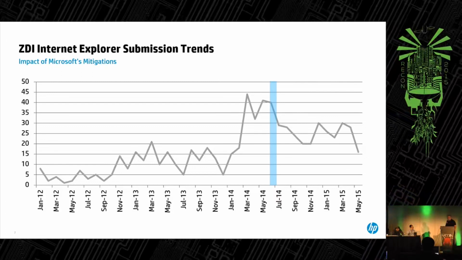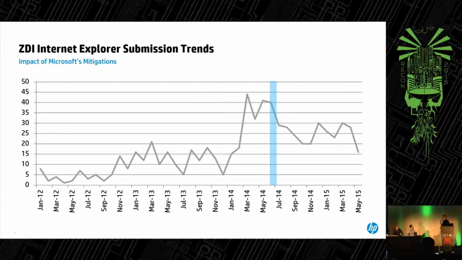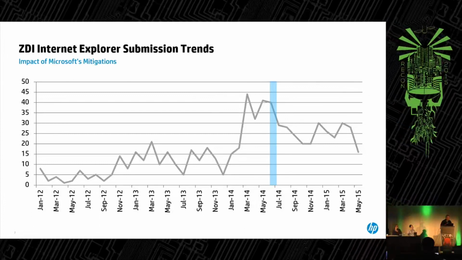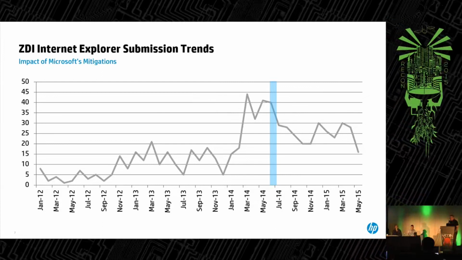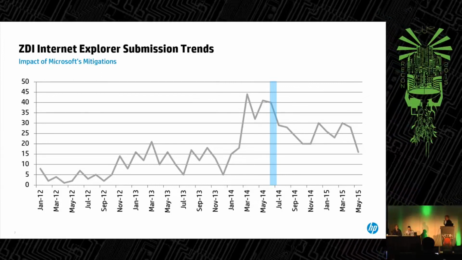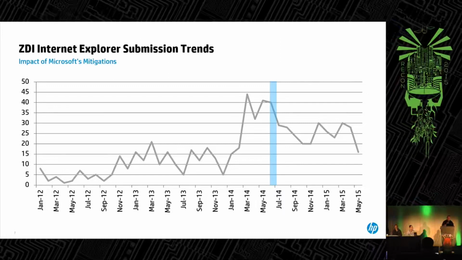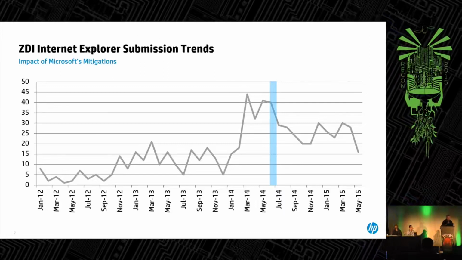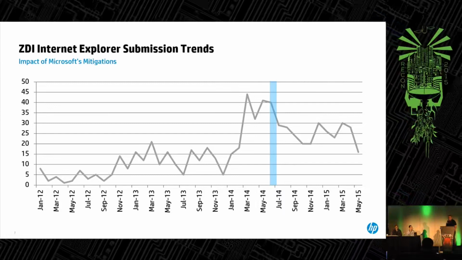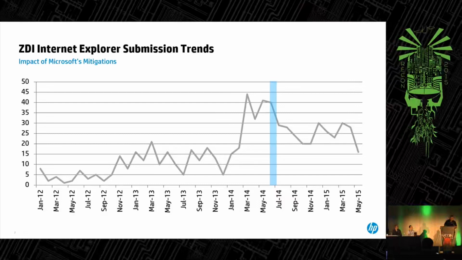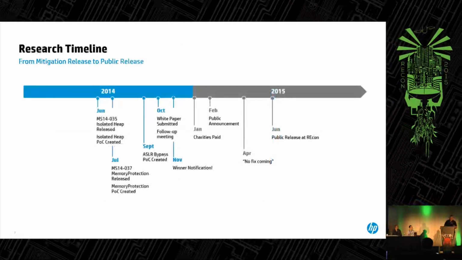And so for several months there, we're doing about 40 cases, high 30s every month, analyzing, purchasing, and submitting to Microsoft. And you see in mid-2014 a drop, and that's when isolated heap and memory protection came out, and we've leveled off around 25 0-days in IE coming through our program every month. So it keeps us busy. IE is one of our main vulnerability sources.